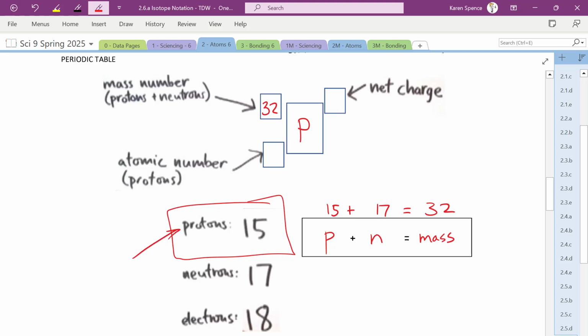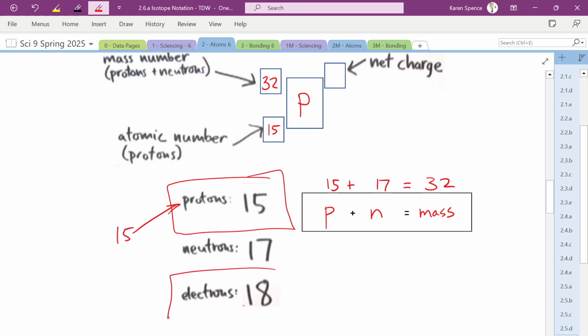The number of protons is the atomic number, so that's 15. And now this is the new bit. We have 18 electrons. If we have 15 protons and 18 electrons, what is the charge? 3 negative, because we have 3 more negatives than positives.